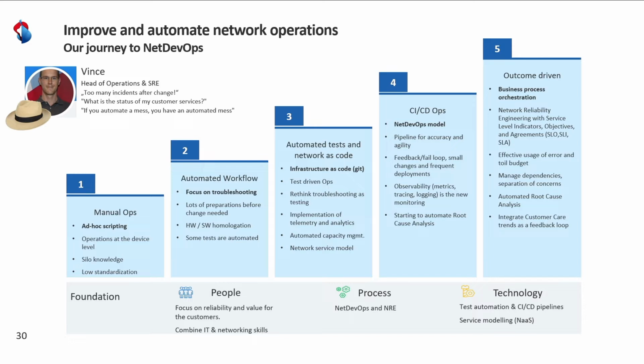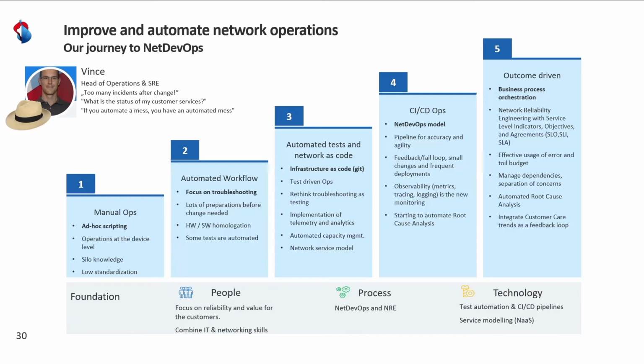Then there's the aspect of processes, NetDevOps, network reliability engineering, and finally technology with test automation and CI/CD pipelines, which will eventually allow us to do a service modeling and implement the network as a service approach.